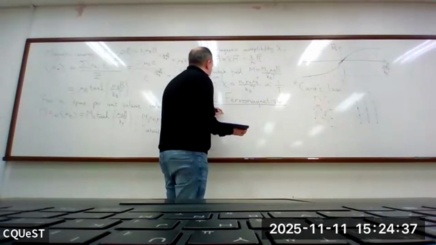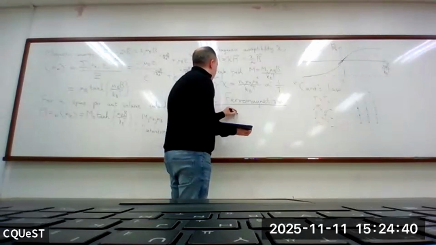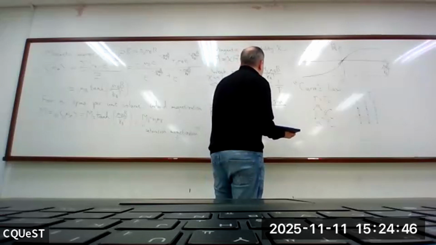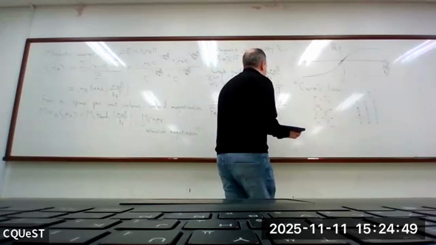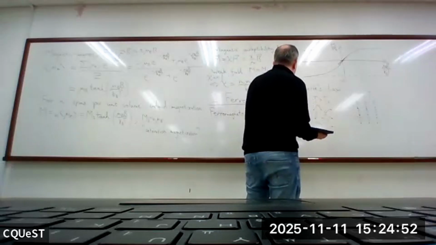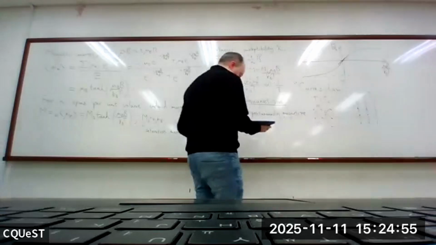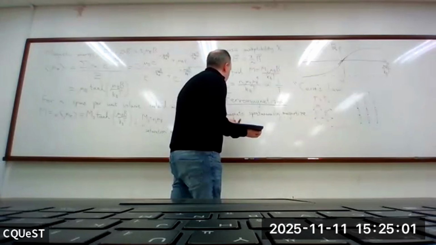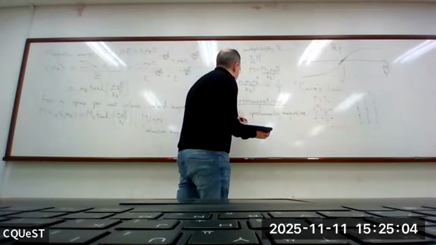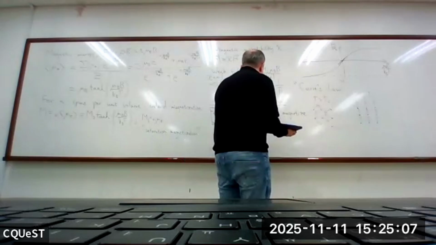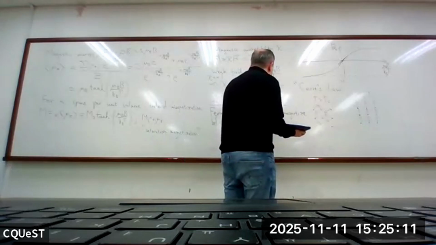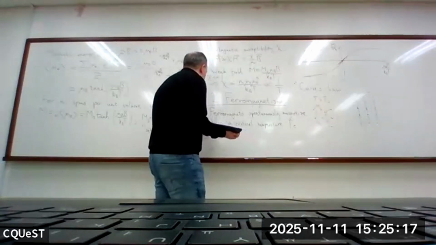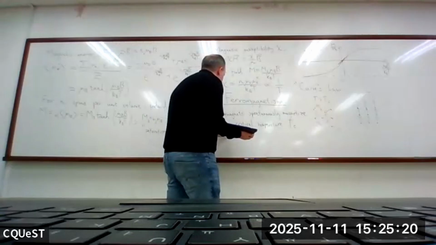So ferromagnets spontaneously magnetize below a critical temperature, Tc, which is also known as the Curie temperature.